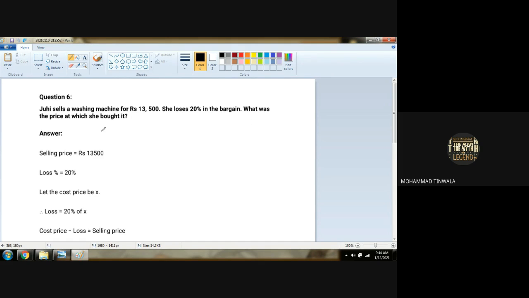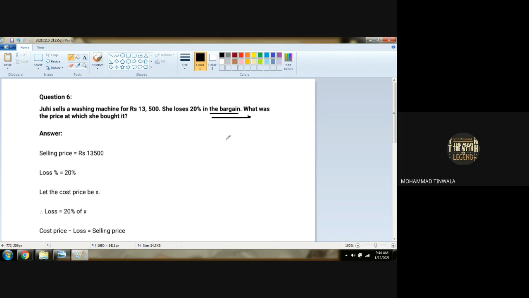For example, you went to a shopkeeper to purchase something and the shopkeeper told you some amount, and you said, brother, this much is not needed, take this much, it will work out. So that discount you are getting from the shopkeeper is on the basis of bargaining.